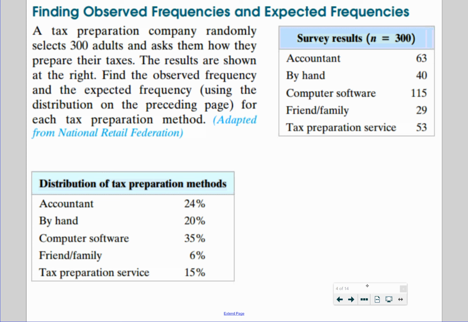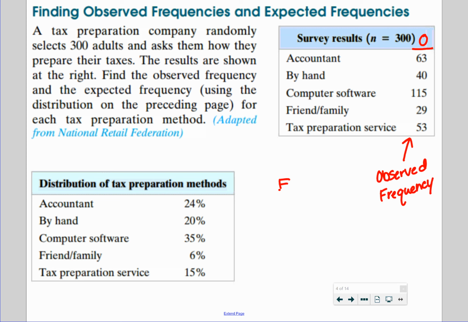What you see at the top here are survey results, so they are the observed frequencies. There's nothing that we have to calculate. We're going to use the percentages that are expected to happen to get our expected frequencies. So these are all of our O's.